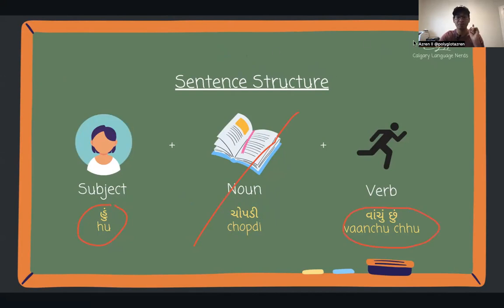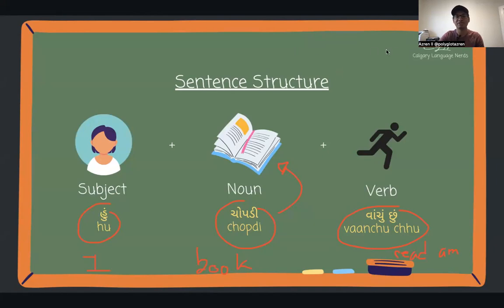But if I'm reading a book, now we're going to say hun chopri van chu chu. Chopri means book. So if we translate this literally, it's I, book, read, am. So instead of I am reading a book, it's I, book, read, am, something like that.